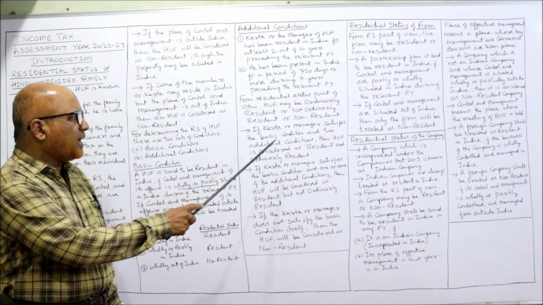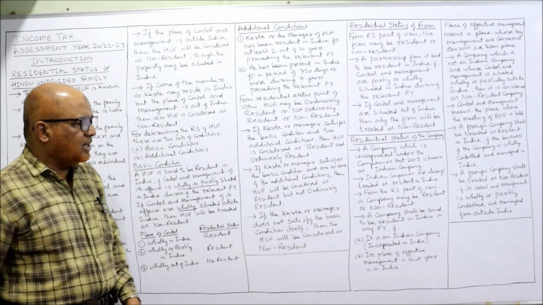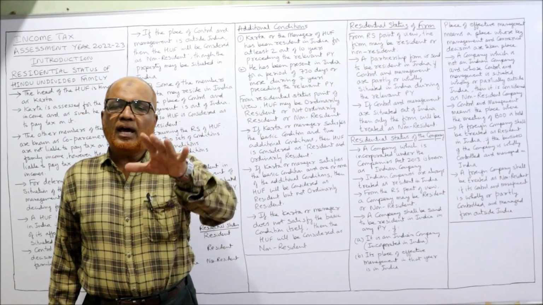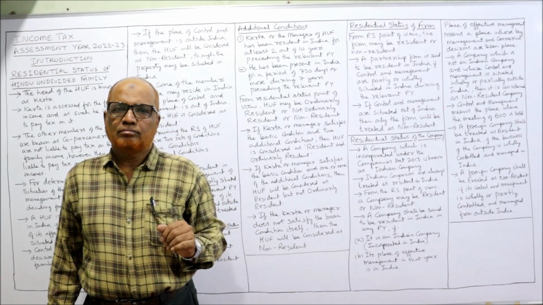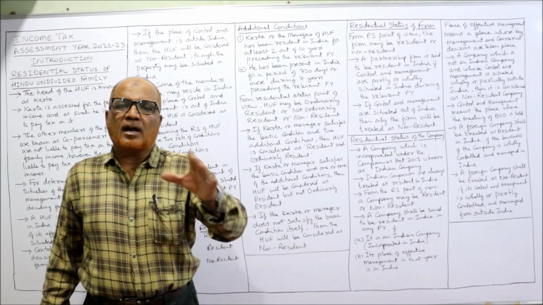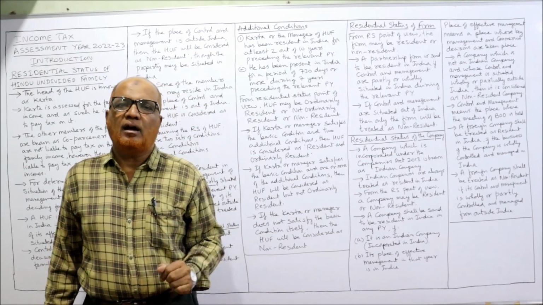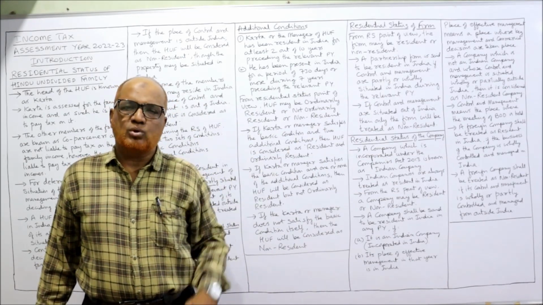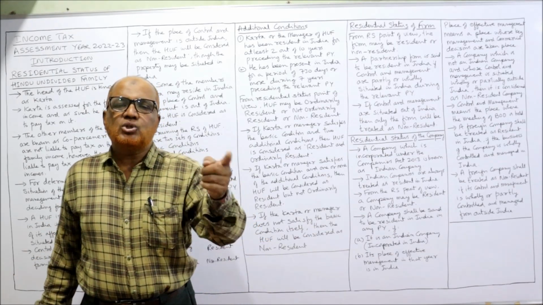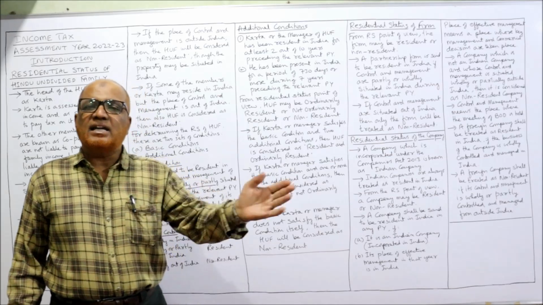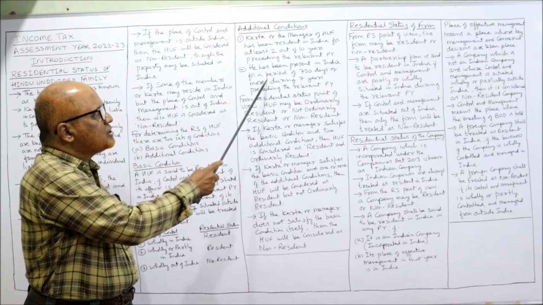Now, if the Karta or manager satisfies the basic condition and the additional conditions. If the HUF satisfies the basic condition, that means the control and management is wholly in India or partly in India and partly outside India, so it will become a resident. And the Karta or manager satisfies both the additional conditions.